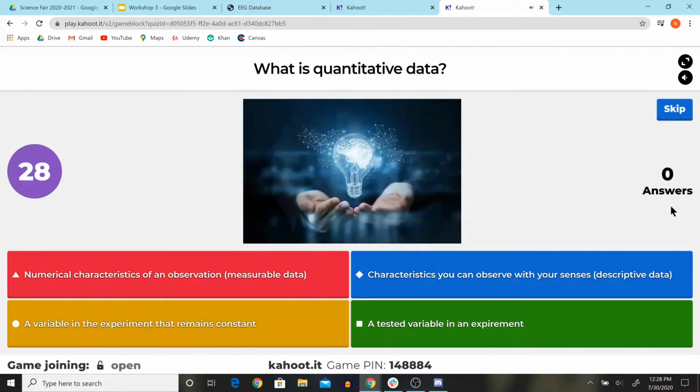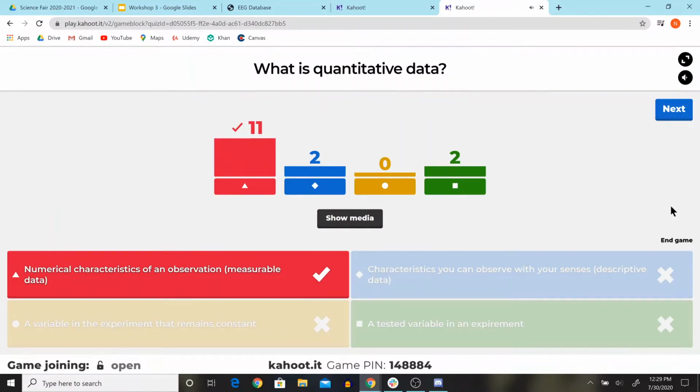What is quantitative data? Quantitative data is numerical characteristics of an observation.